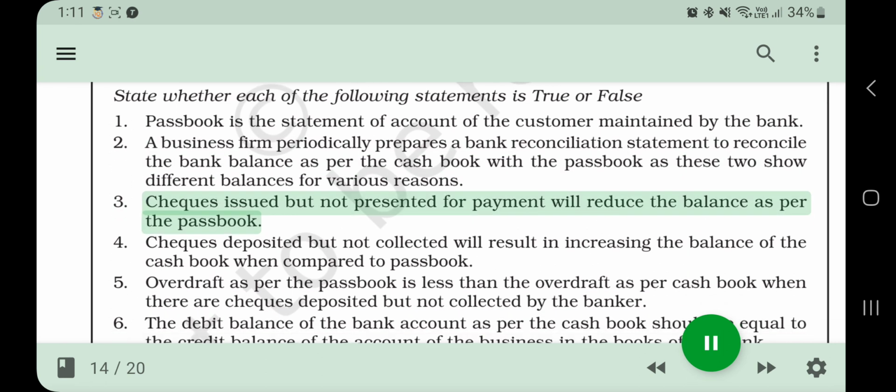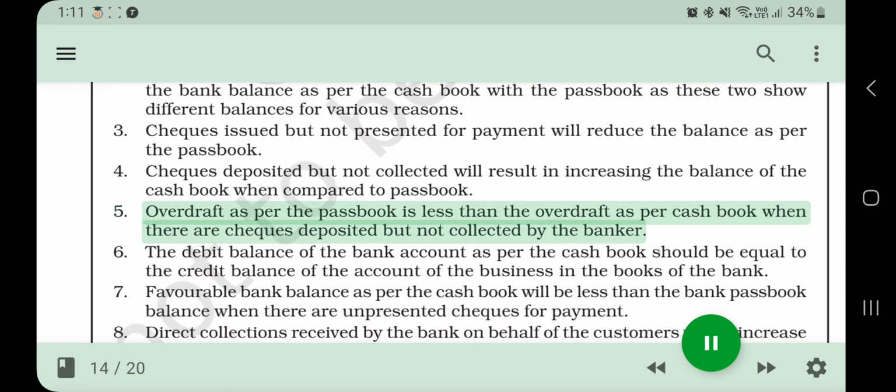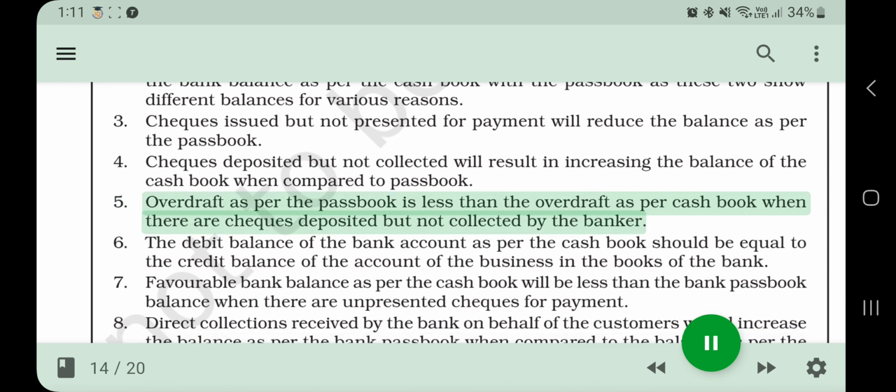Checks issued but not presented for payment will reduce the balance as per the passbook. 4. Checks deposited but not collected will result in increasing the balance of the cash book when compared to passbook. 5. Overdraft as per the passbook is less than the overdraft as per cash book when there are checks deposited but not collected by the banker.